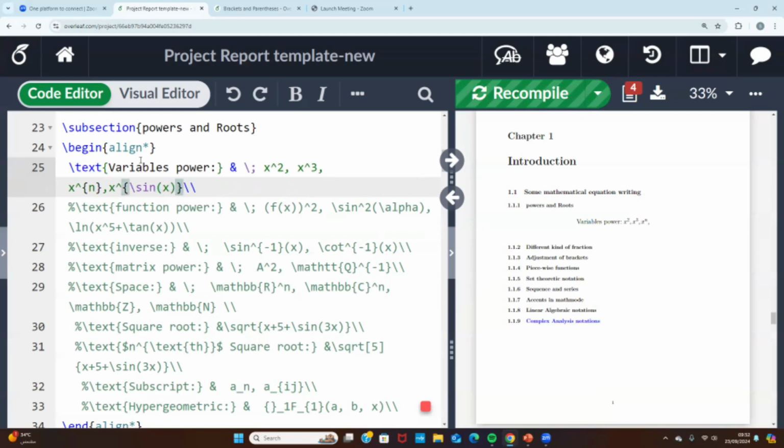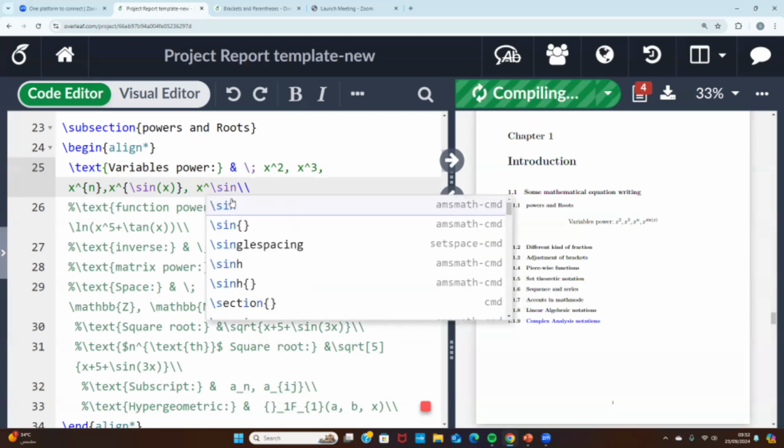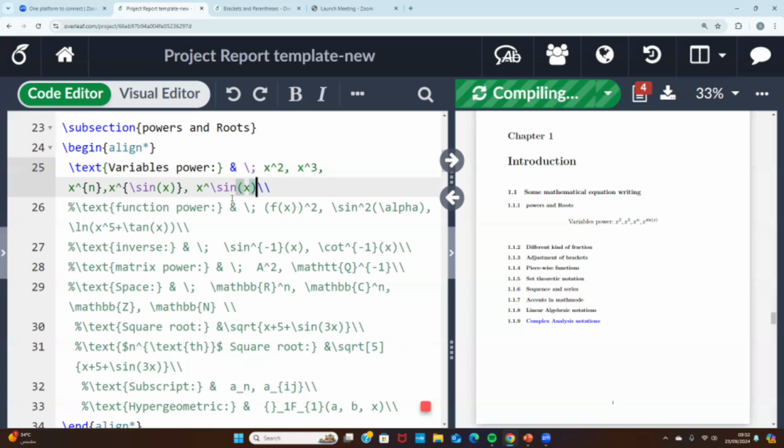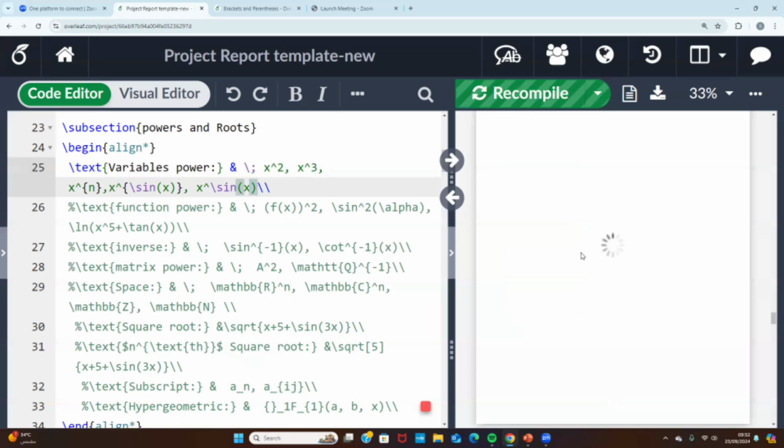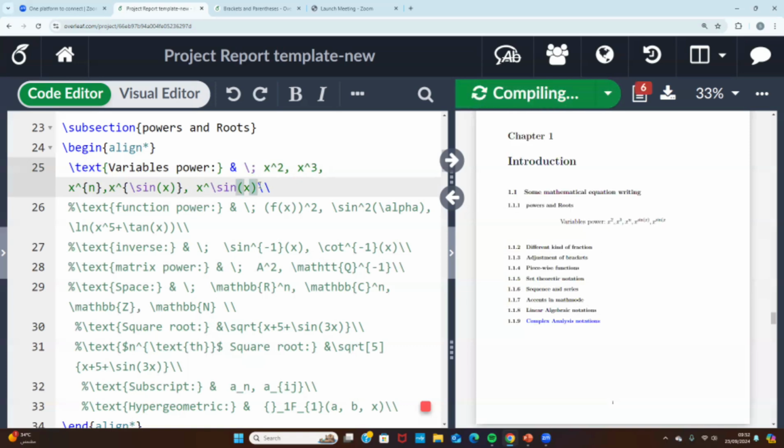In this case, if you don't put the bracket, it will come like this. So let's try it without bracket. Now there will be a problem here.